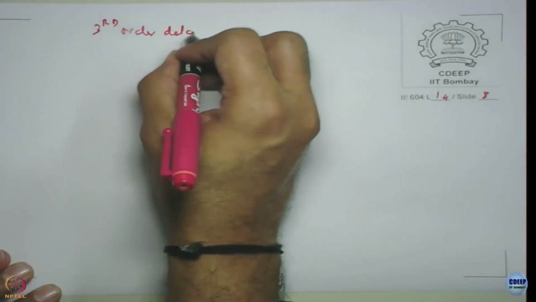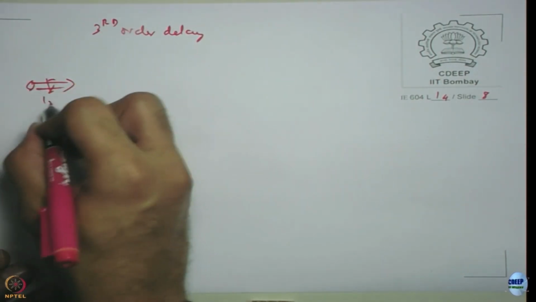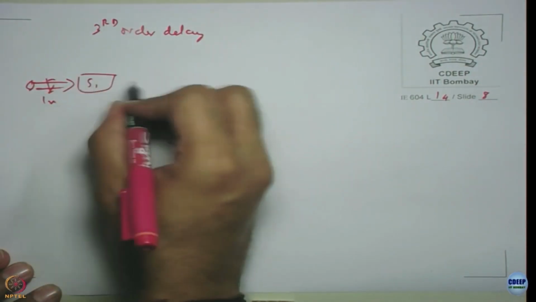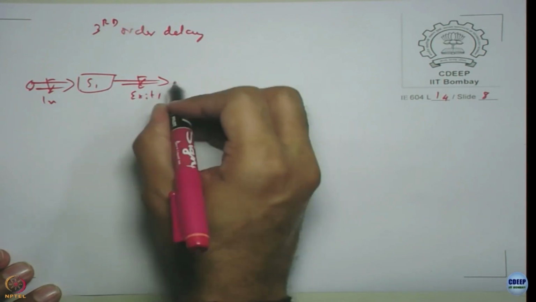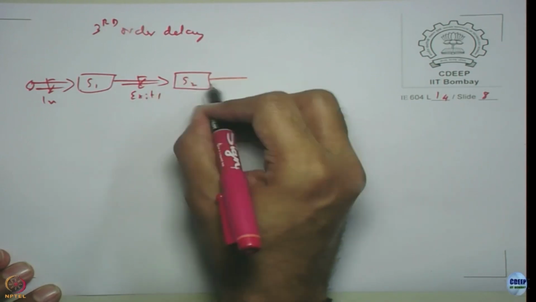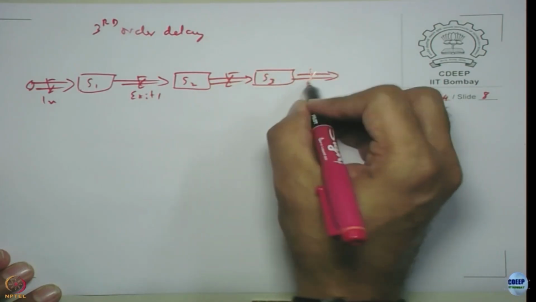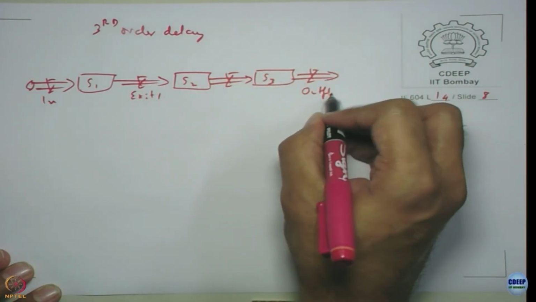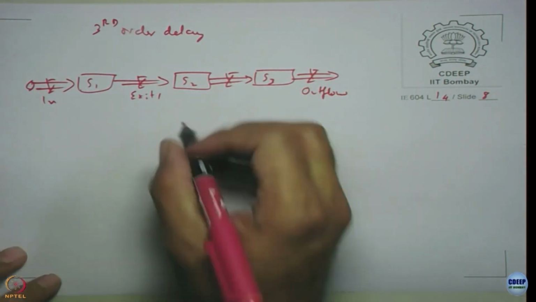Now a third order delay is nothing but your inflow, stock 1, let us call it exit 1, then stock 2, then stock 3, outflow. So, when I say first order delay, there is 1 stock, second order delay 2 stocks, third order delay I am looking at 3 stocks.